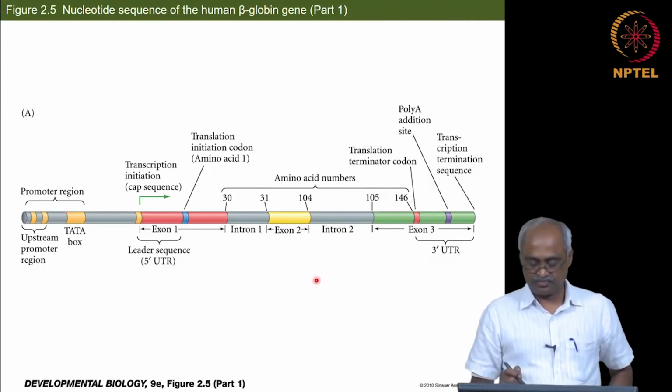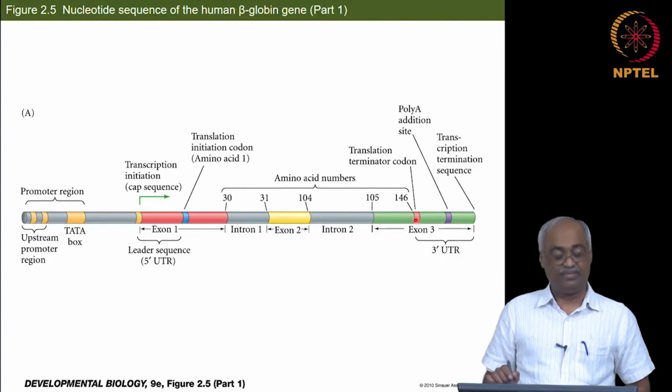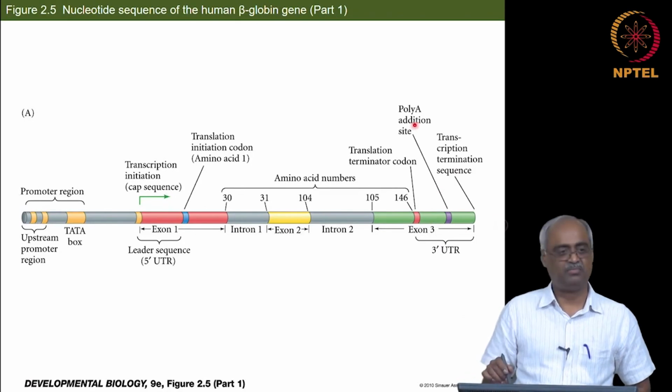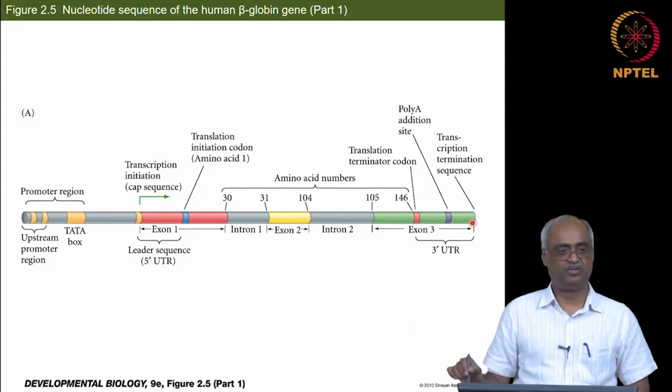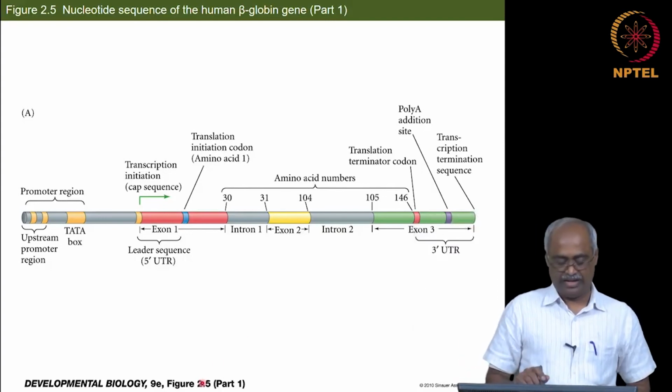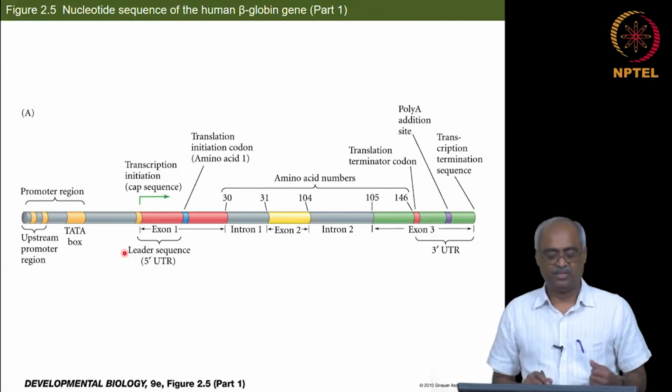So, the summary is that after the stop codon you do have RNA sequence, called the 3' untranslated region, and that contains a polyadenylation sequence that helps in cleavage of the primary transcript at the 3' end and addition of a poly A tail. Let us go to the 5' end now.